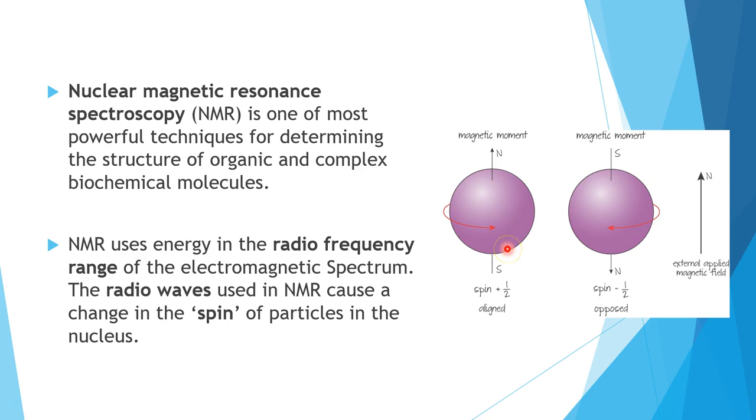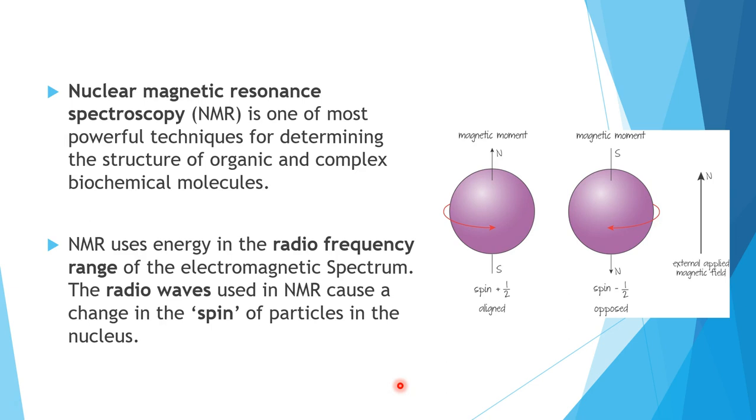We don't need to calculate spin-a-half numbers, but essentially they can have a spin that is aligned with an external magnetic field, so it will run parallel to that magnetic field, or a spin that is aligned anti-parallel to the magnetic field. These are the two energy states that are possible: the aligned or the anti-parallel.